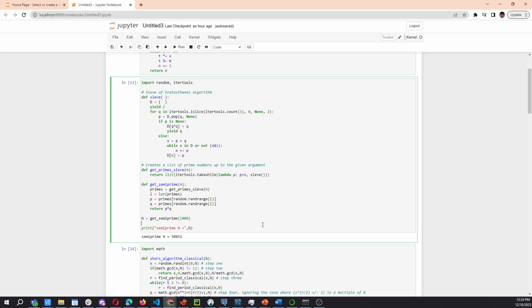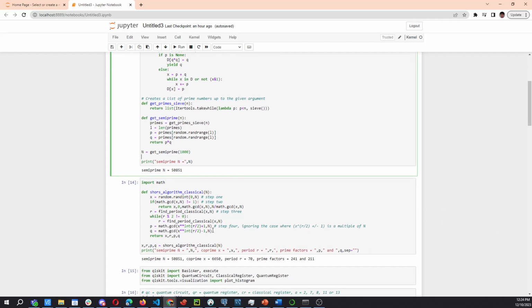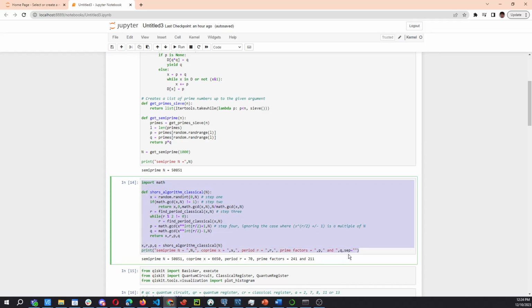And then next, we put this into the classical Shor's algorithm, which gives us P and Q. P is A to the power R over 2 plus 1, and Q is A to the power R over 2 minus 1.